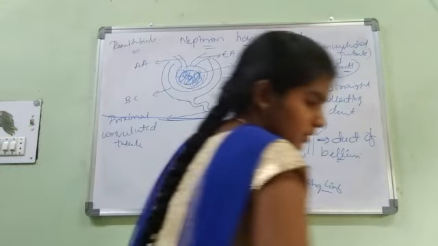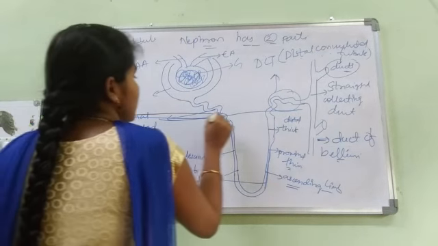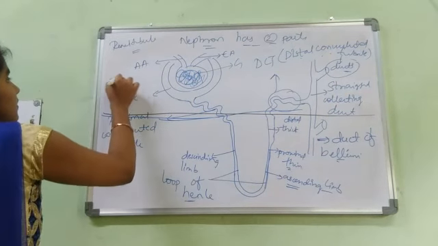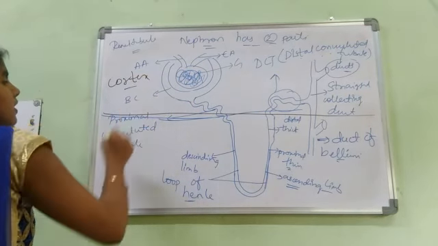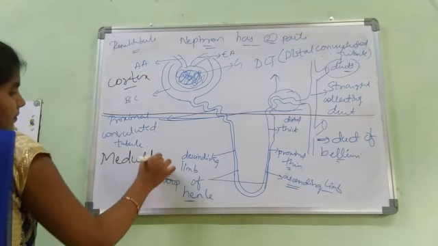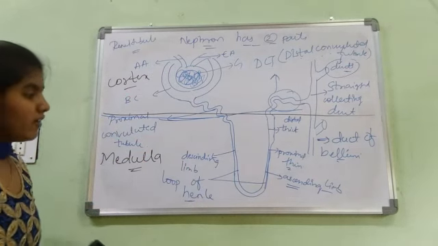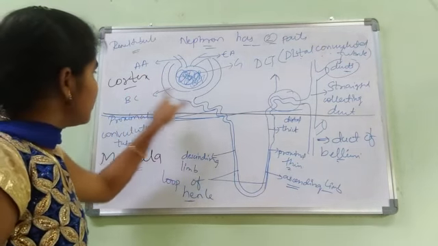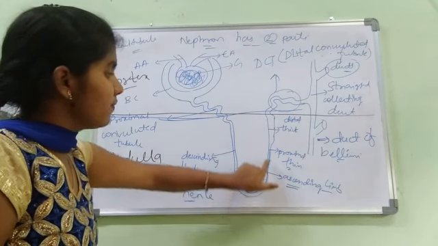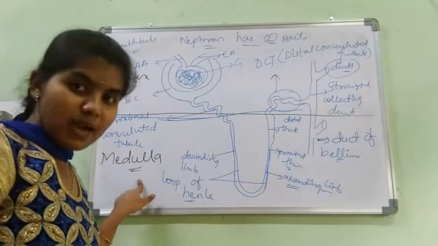I'll show with the other one. This is the cortex region, and this is the medullary region. Among the nephrons present in the cortex and medulla, if the loop of Henle is more in the medulla, they are called juxtamedullary nephrons.